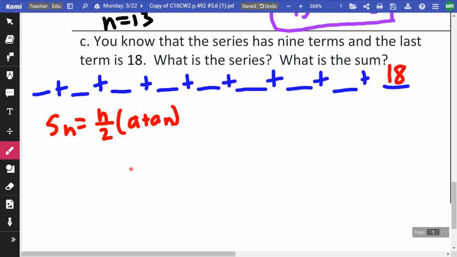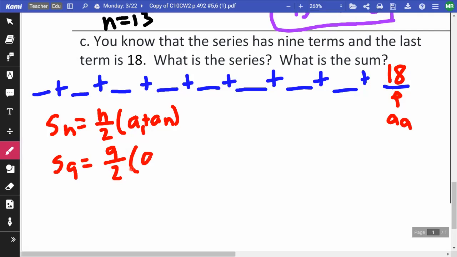And I know that this right here is my 9th term. So I know that in this case, S sub 9 is going to equal 9 over 2.